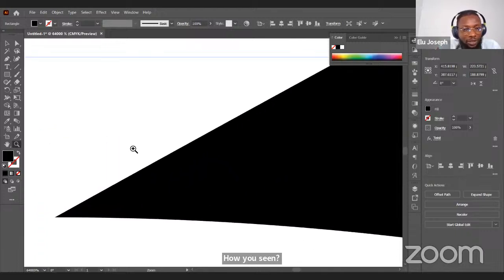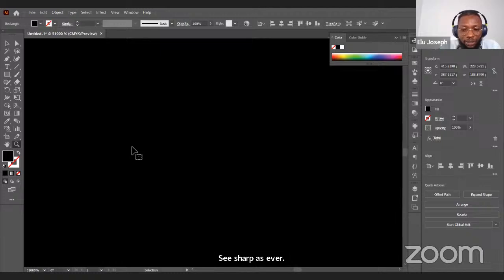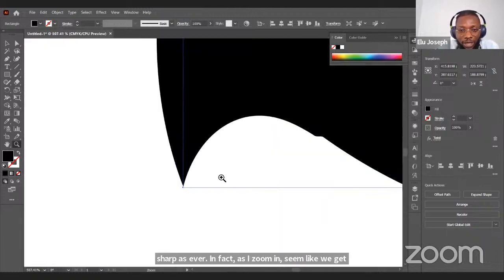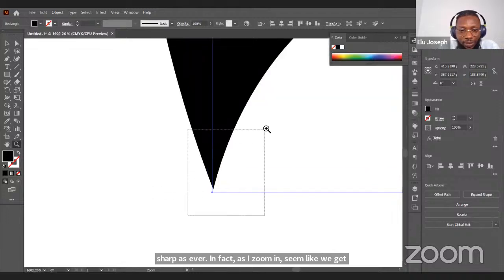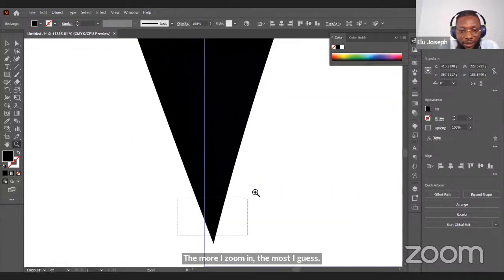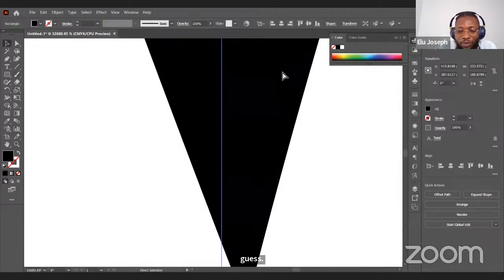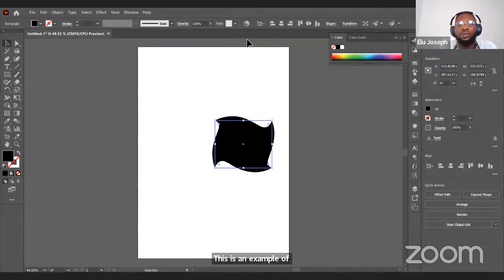In fact, as I zoom in, it seems like it gets sharper. This is an example of a vector image. Okay?